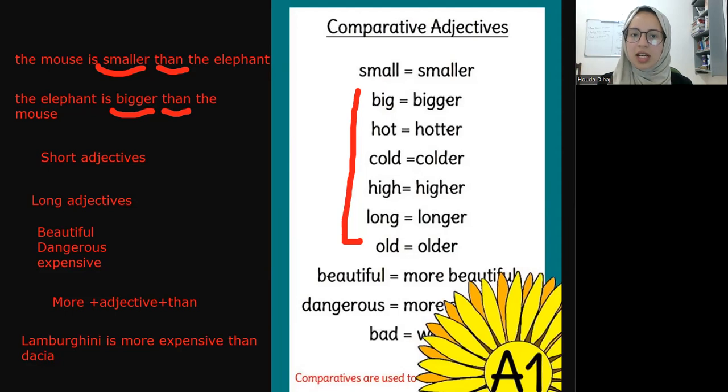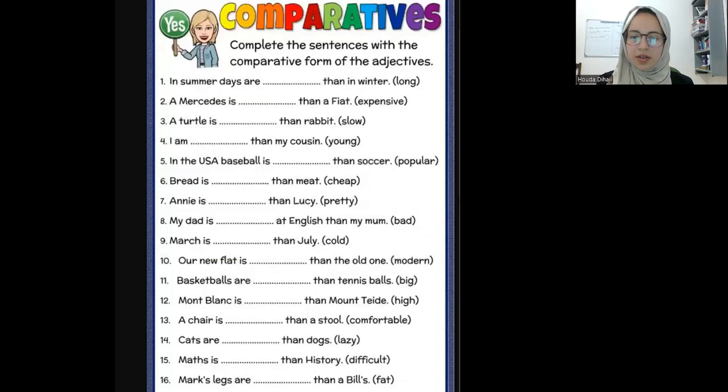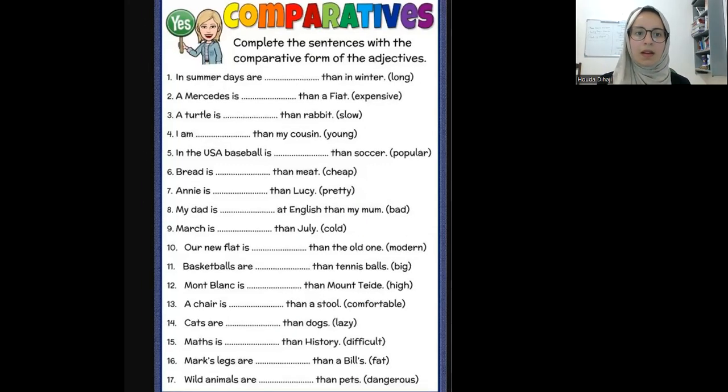Do we have anything else? Yes, we will do just a practice. This is very easy. In summer, days are ___ than in winter. Look at this sentence. We have long.